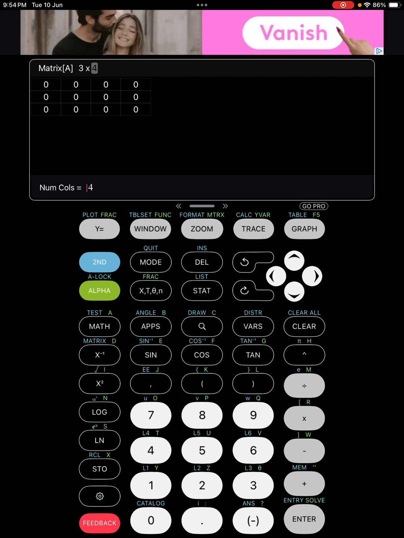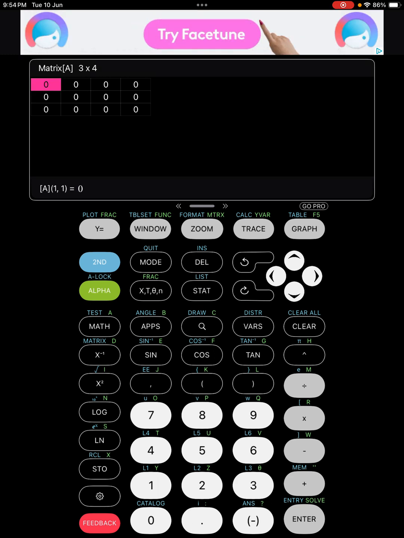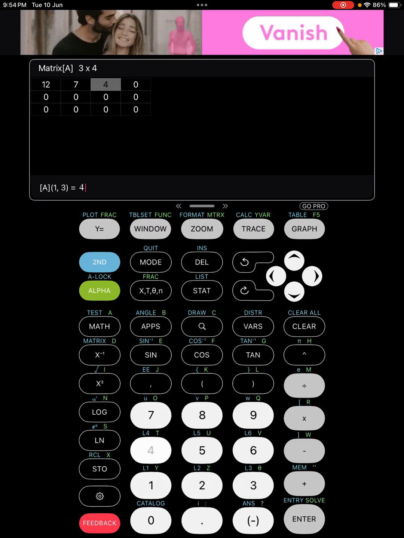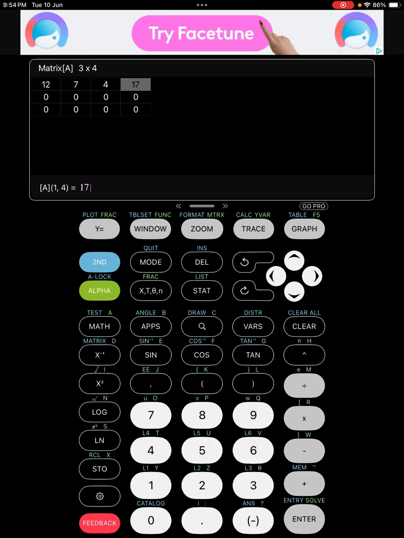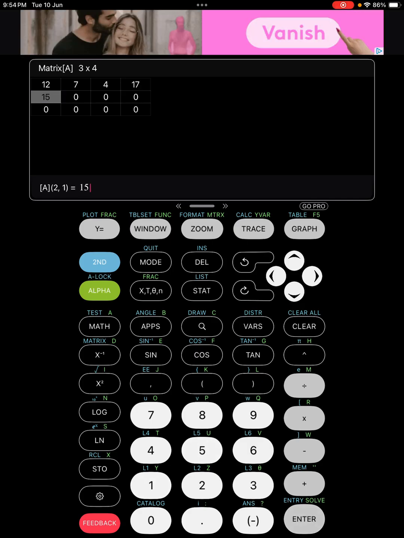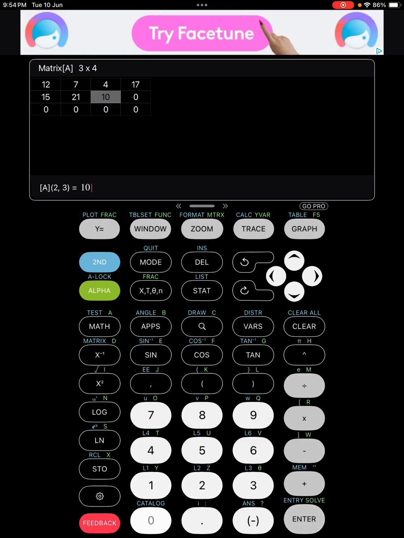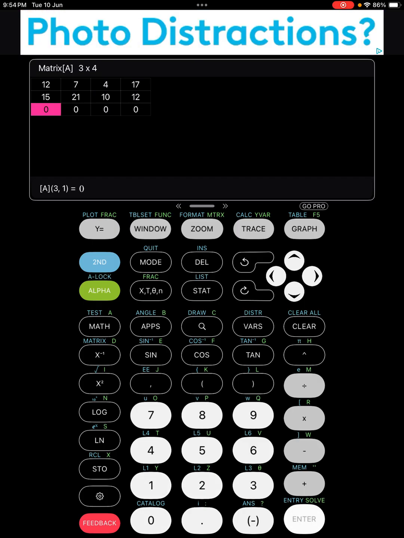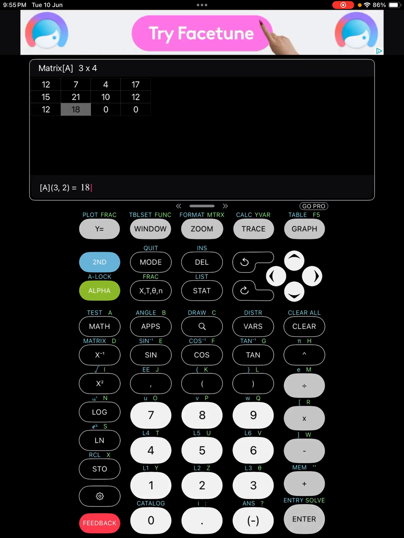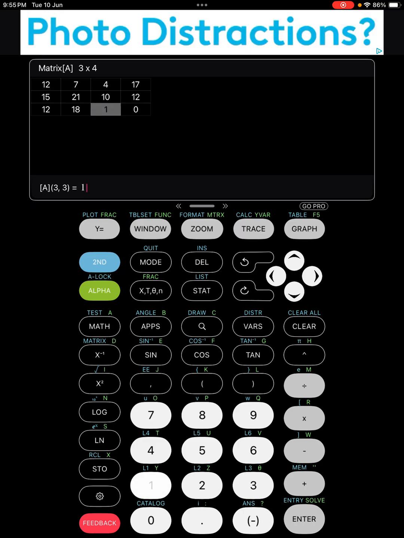Then all we need to do is put in all the numbers given to you in the question. So it's 12, 7, 4, 17, that will be 15, we got B to be 21, then this was 10, this would be 12. Then we got 12, 18, 16 and 6.